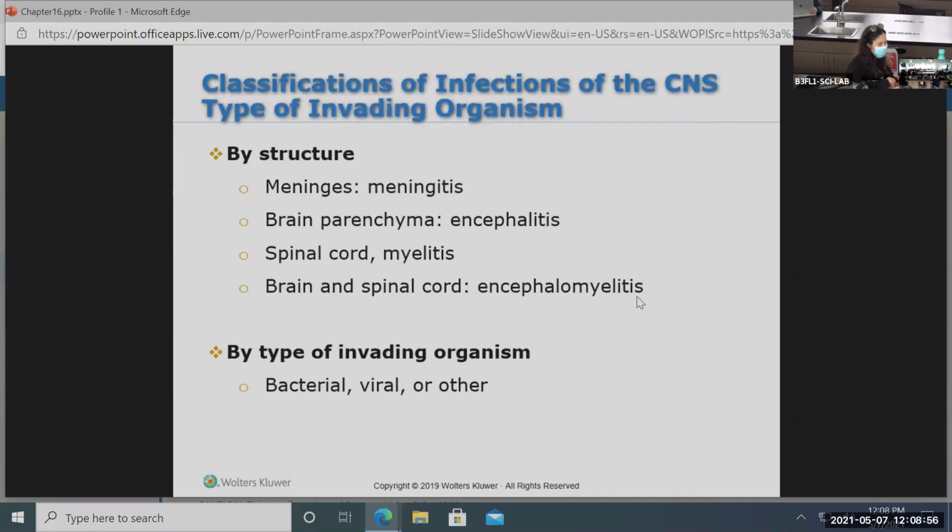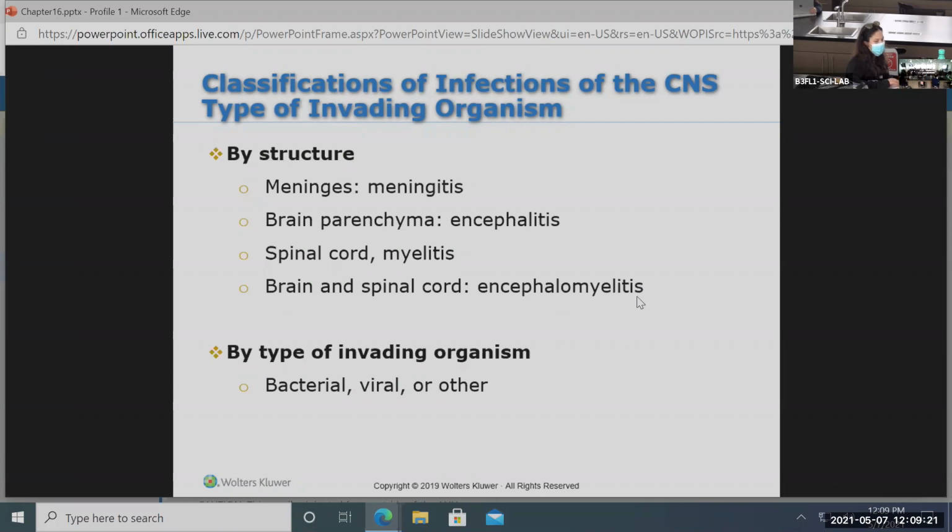Please highlight conditions. When the infection involves the meninges, we call it meningitis. When it involves the brain tissue, we call it encephalitis. Encephalitis is not meningitis. Encephalitis is the infection or inflammation of brain tissue.